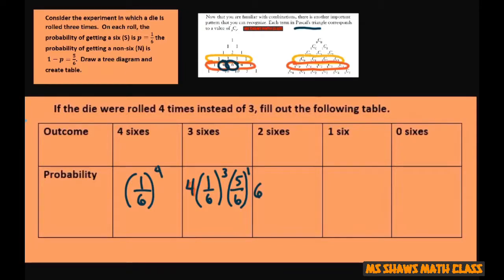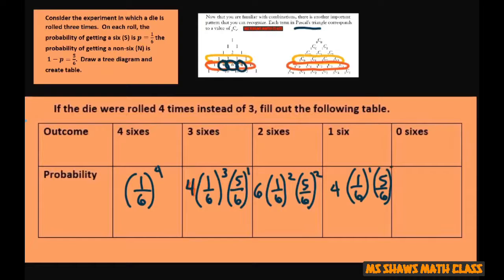So that's 6, 1/6 squared for 2, so the 5/6 has to be squared. The next number is 4, so for 1 6, just put the 1, and the 5/6 is going to be cubed, and 0 6s will just be 5/6 to the 4th. Notice that all of these are going to add up to 4.